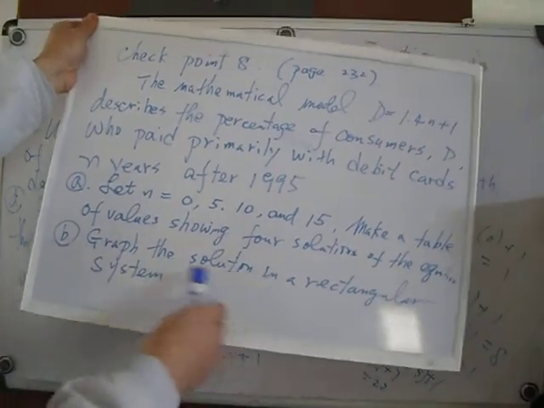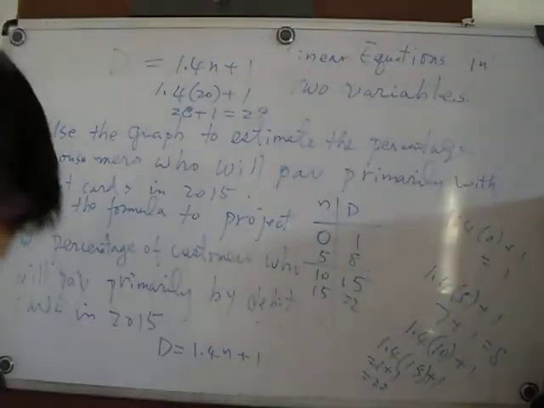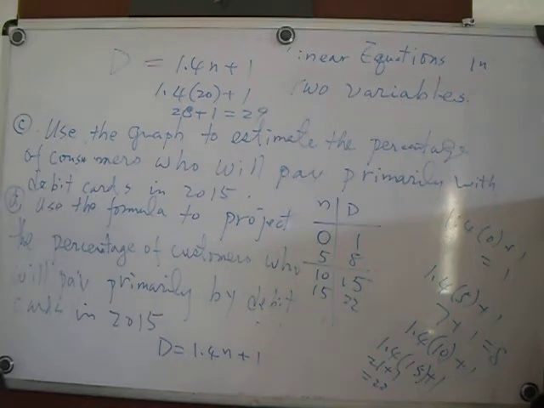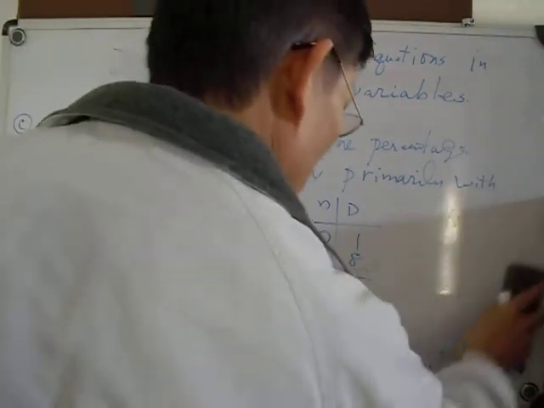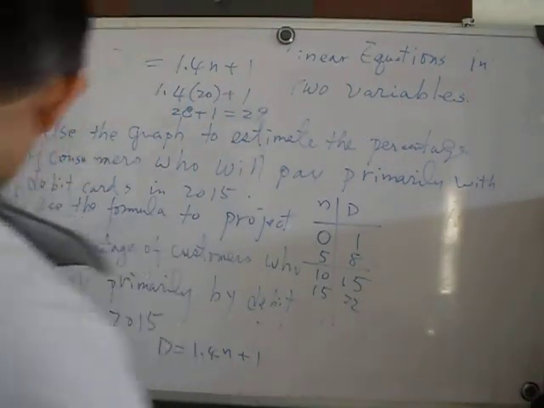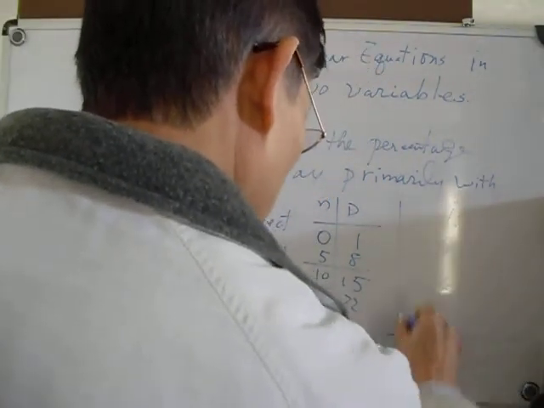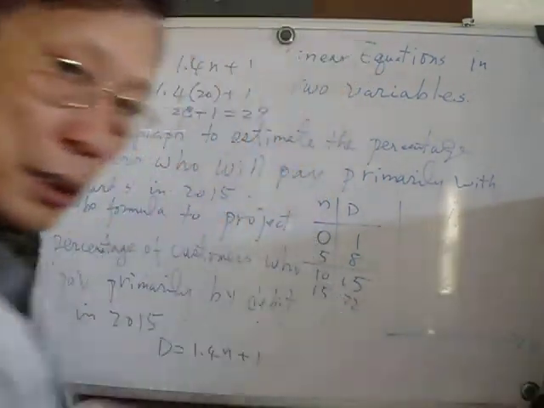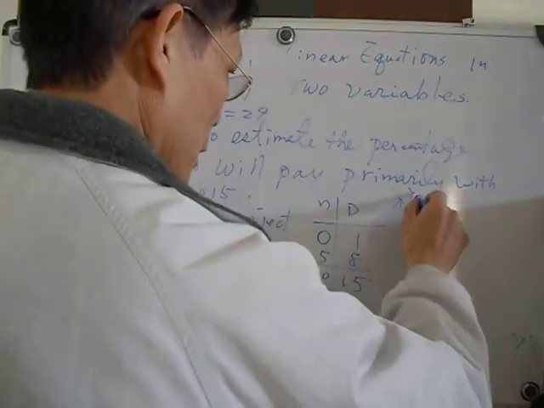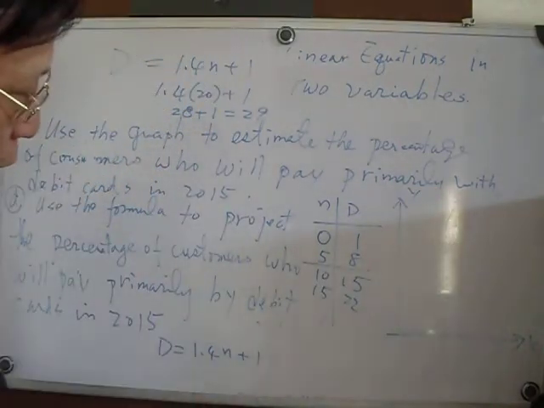Instruction B wants us to graph this table of solutions on the graphing paper. So we're going to build a graph like this. This is our x-axis, this is our y-axis. You make your arrangement.